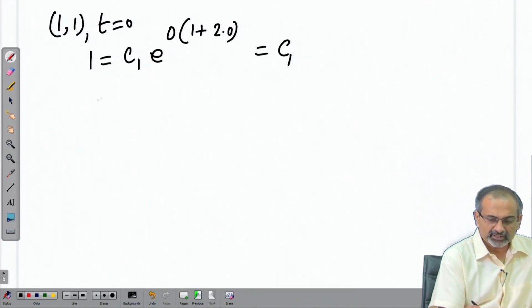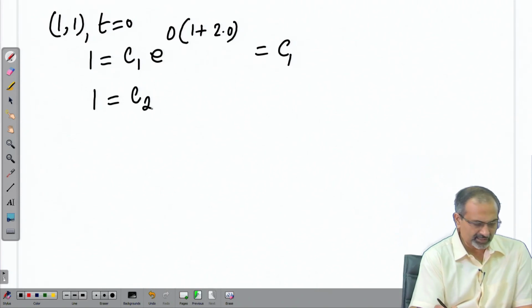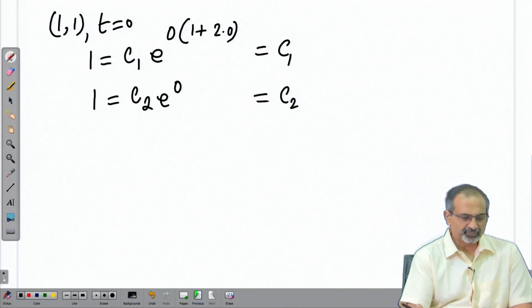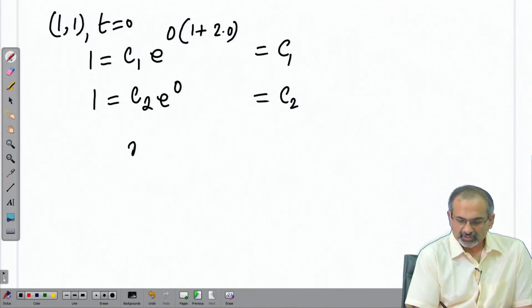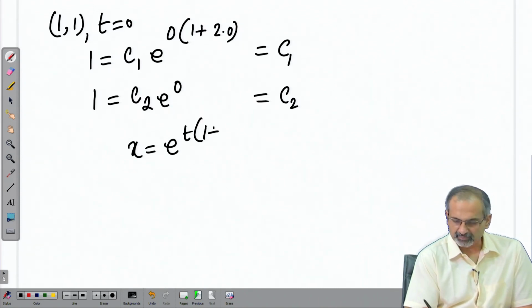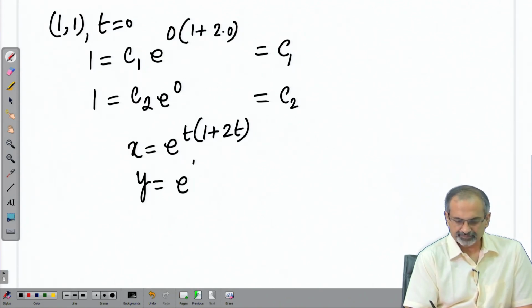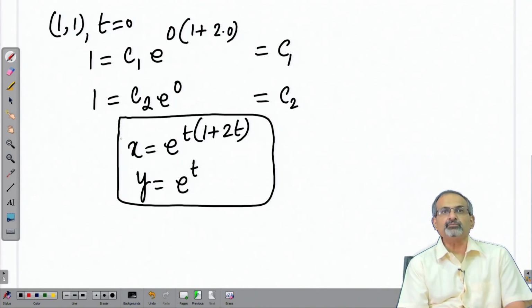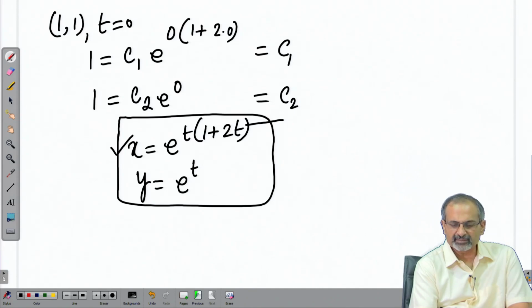From the equation involving the v component of velocity, we will get 1 is equal to C 2 e to the power of 0, which is C 2, and therefore C 1 and C 2 are both equal to 1. Which means that now you have the equations available, where you can obtain the coordinates x and y as a function of t. That means t has to be substituted and you then get back x and y.